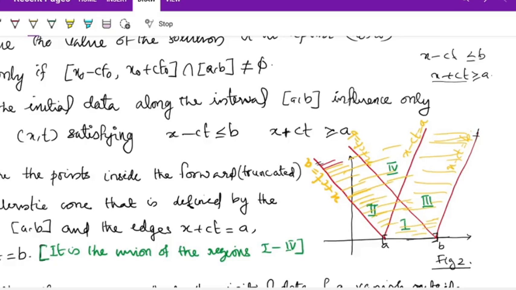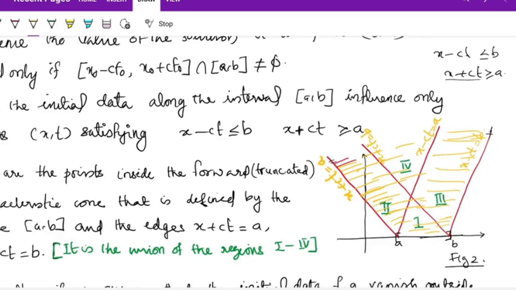So from this figure, it is clear that the initial data along the closed interval AB influence only the points (x, t) in which x minus ct is less than or equal to b and x plus ct is greater than or equal to a, which are represented by the split lines in the region with the yellow lines in the figure.